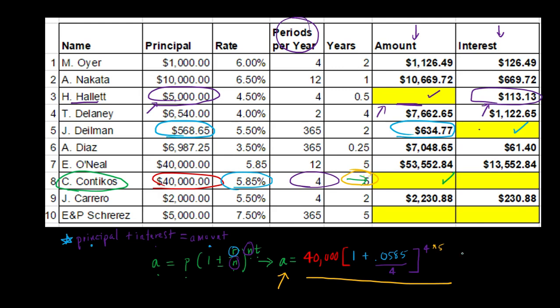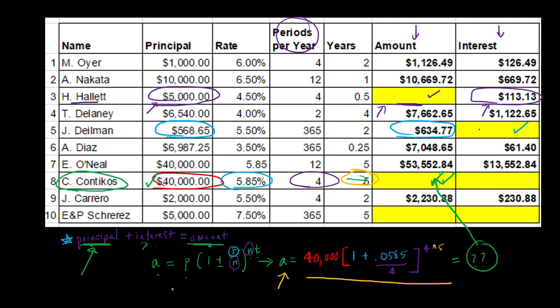Once I have that amount, I'll plug it in here, and I'll have my amount. Then I can go back to this first equation we used, because I will know my principal and my amount at that point. So I'll be able to use those 2 pieces of information to solve for interest.